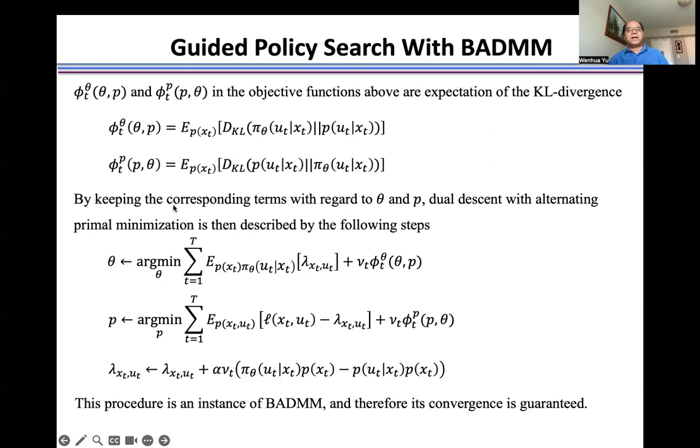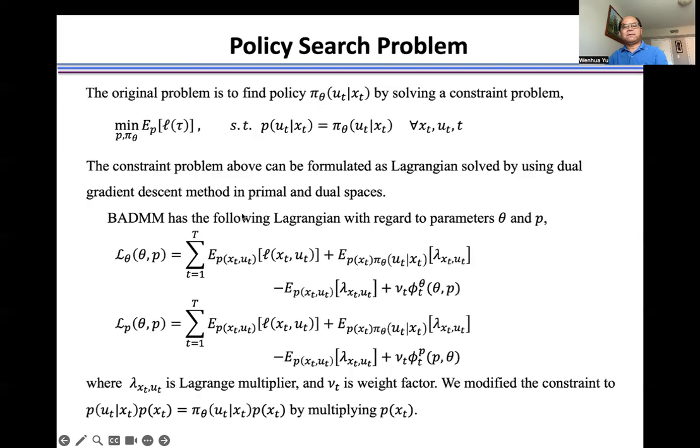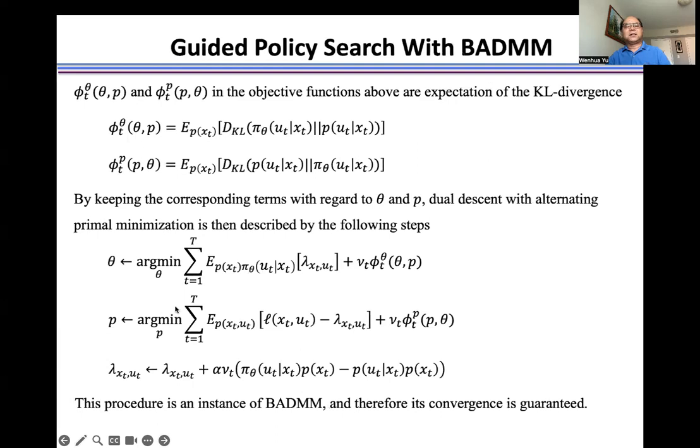In this formula, we optimize the theta, so we need to remove the terms with no relation to theta. Same thing for the second objective function: we remove the terms with no relation to P. So we get the two formulas, and once we get the P and the theta, we get the policy and the controller, and then we can update the multiplier.